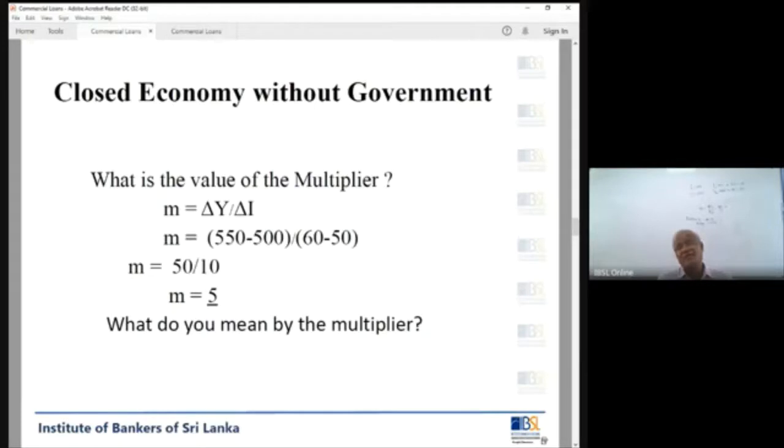How do you explain that? When companies invest initially, let's take a macroeconomic example. Now, Colombo Port City, a huge investment project, billions worth of investment.